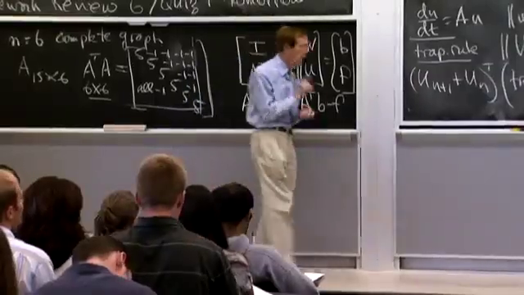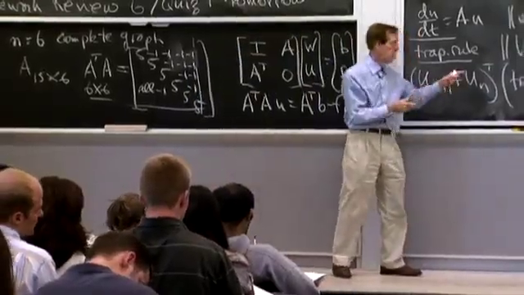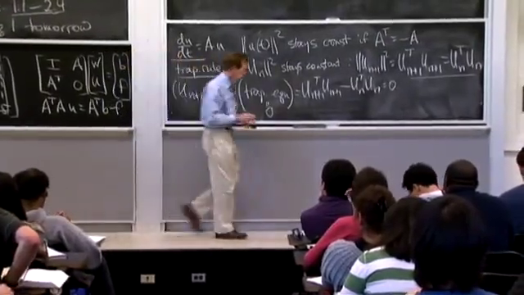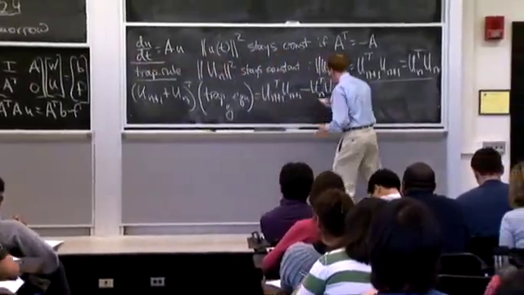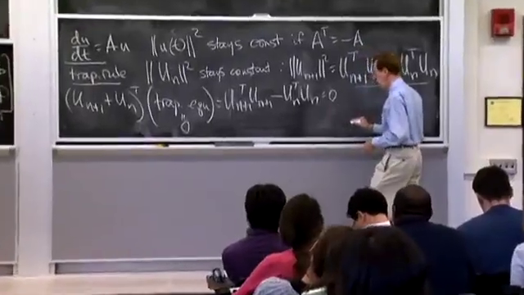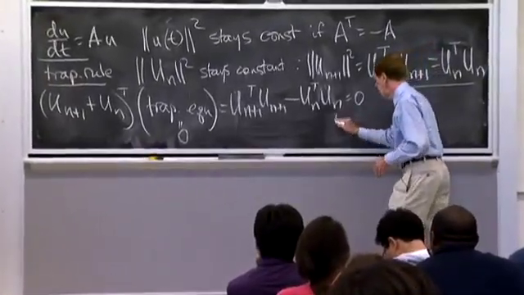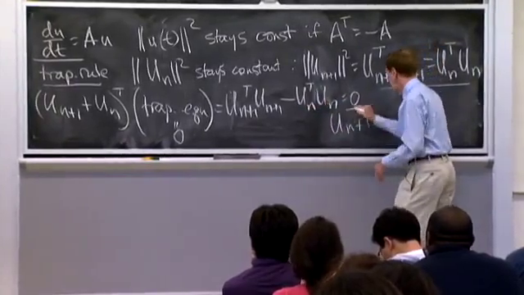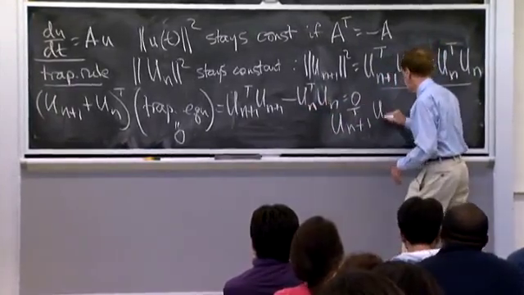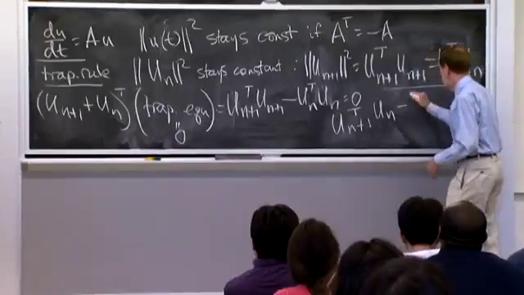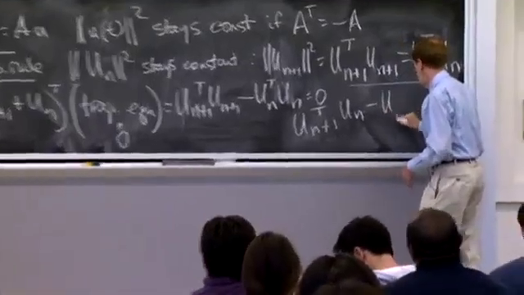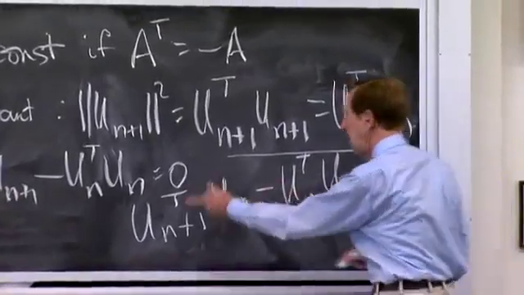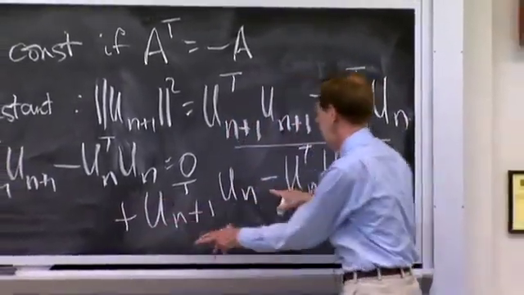Now, here's the one thing you want to learn out of this messy computation. When you just do this mechanically, you'll find a term u_{n+1} transpose u_n, and you'll find a u_n transpose u_{n+1}, and they'll come in with opposite signs.